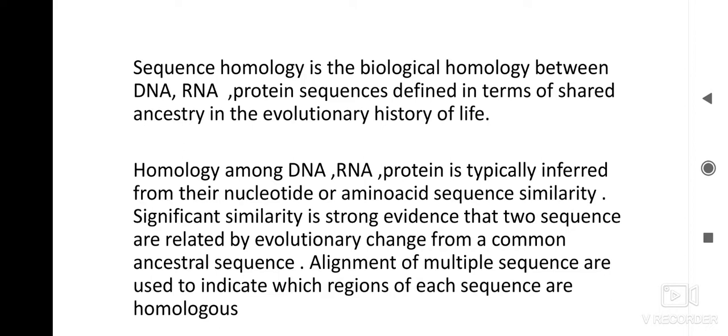Sequence similarity is strong evidence that two sequences are related by evolutionary change from a common ancestral sequence. Alignment of multiple sequences is used to indicate which regions of each sequence are homologous.